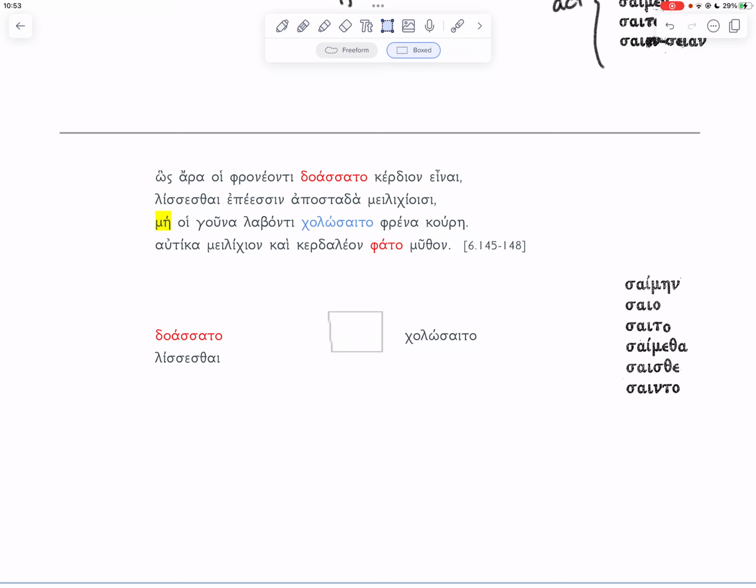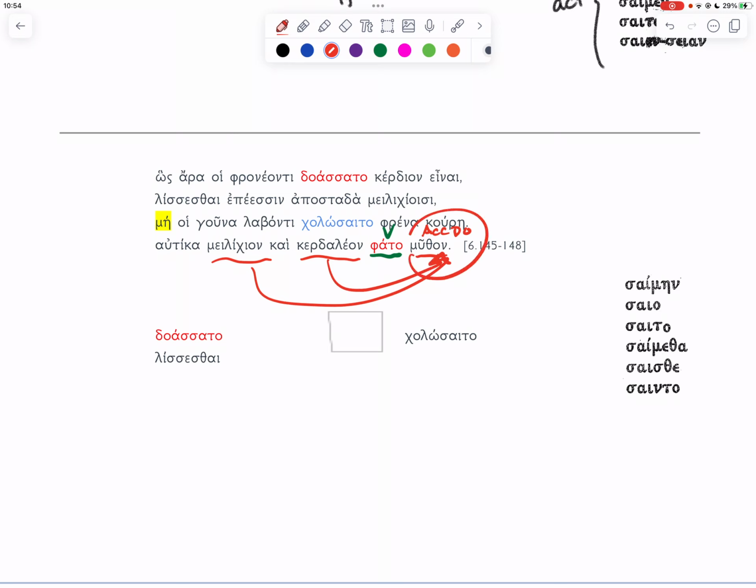So it seemed better not to grab her by the knees, and therefore he spoke this muthon, this speech, direct object. Kerdaleon and melichion both modify the speech. So adjective 1 and adjective number 2.